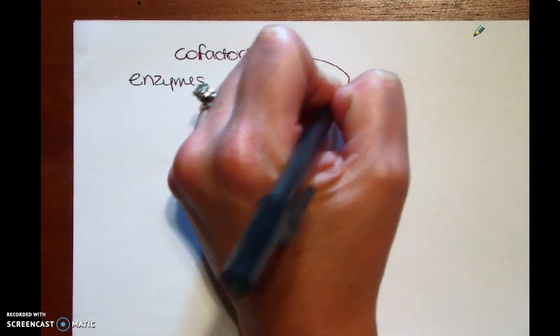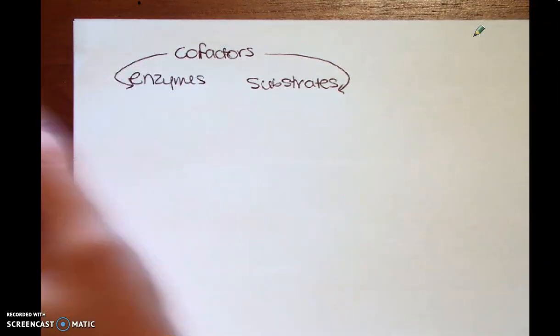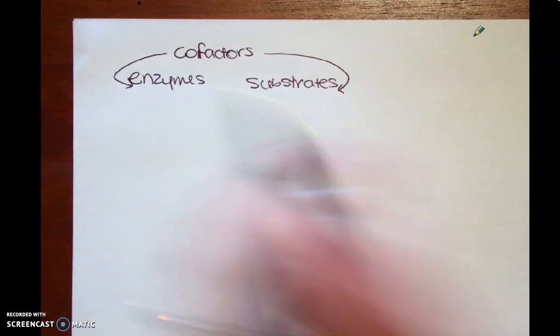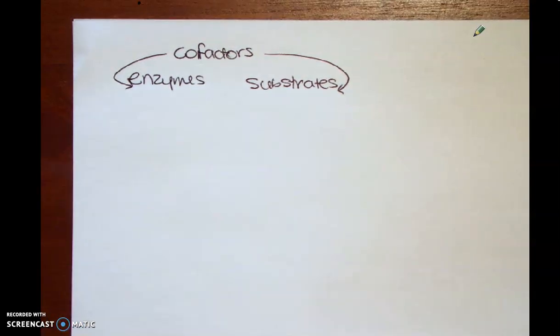They're going to encourage the enzymes and substrates to come together. So they're kind of like matchmakers. They help find the substrate and the enzyme and literally bring them physically together so that they can do their job. It's kind of like if you have a coworker at work that helps you do your job. You can work faster.